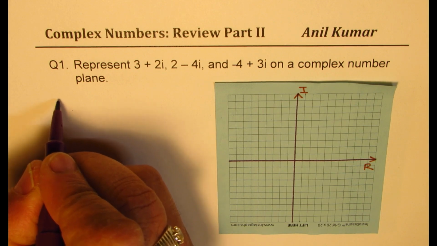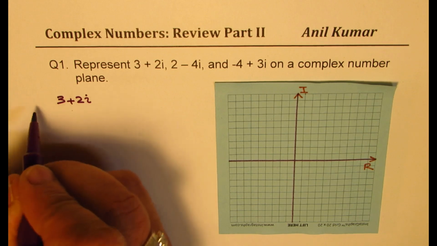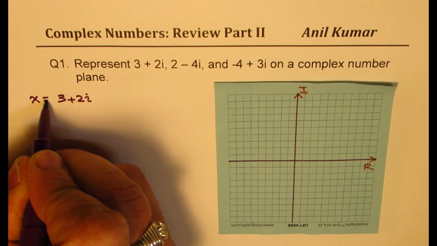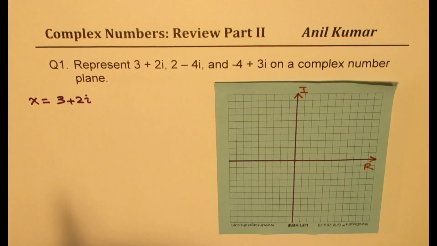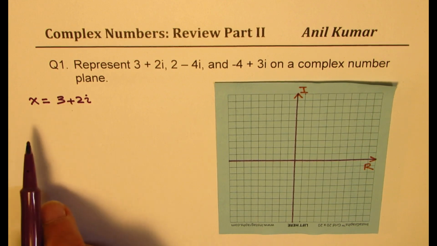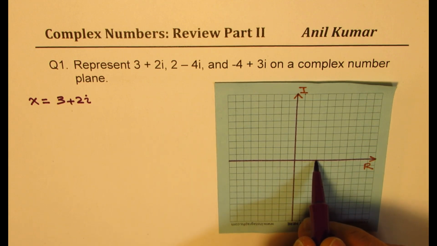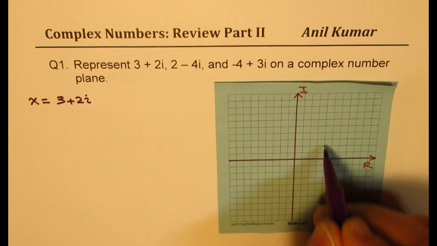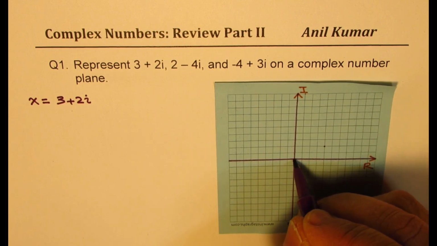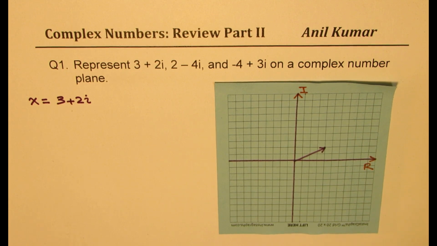Let's call this 3 plus 2i our complex number x. 3 is the real part, 2 is the imaginary part, positive 2. So we'll take 3 units along the x-axis, 1, 2, 3, that's the real axis, and then 2 units along the imaginary axis up. So that becomes the complex number 3 plus 2i.